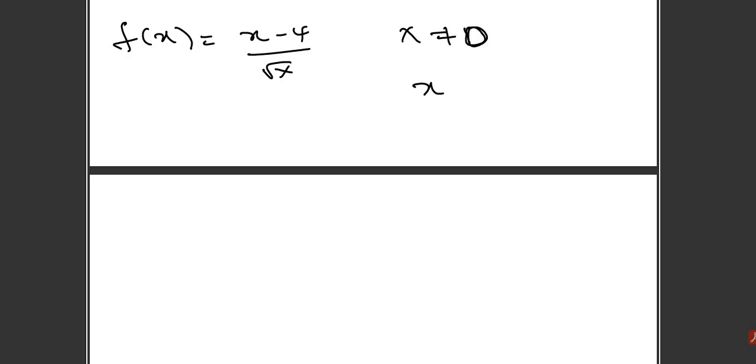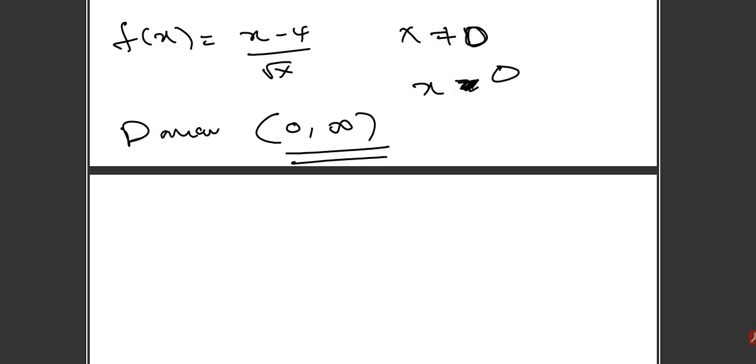This whole thing should never be 0 because it will be undefined. But according to the square root, x must be greater than 0. So our domain will just be from 0 to positive infinity, because this thing inside will never be negative, and then this whole thing can never be 0 again because the function will be undefined. So to accommodate them both, we'll simply put the domain to be from 0 to positive infinity. Anything here will be allowed by the function.